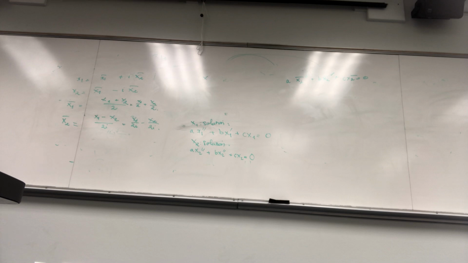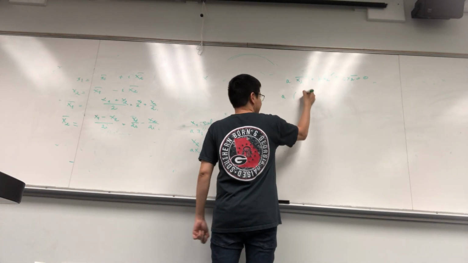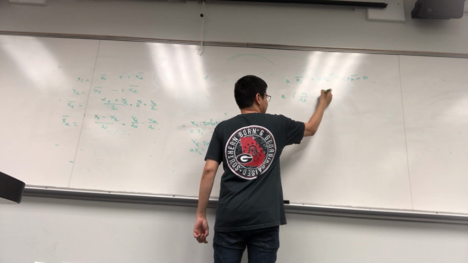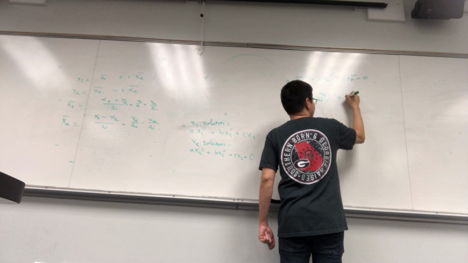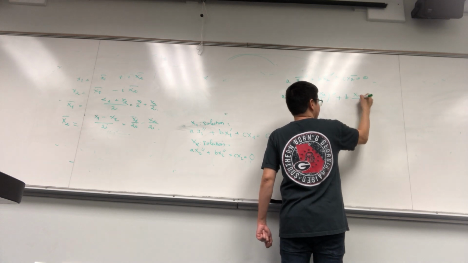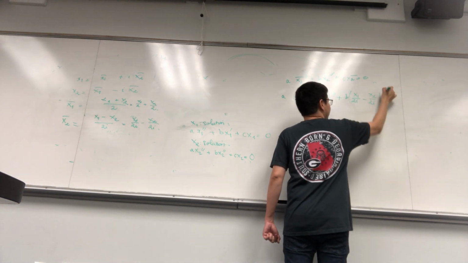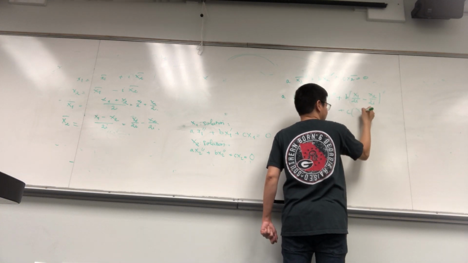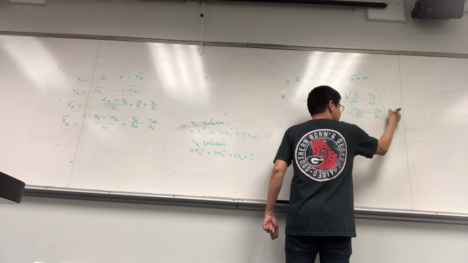So you have a x1 over 2i minus x2 over 2i second plus b x1 over 2i minus x2 over 2i prime plus c x1 over 2i minus x2 over 2i is also 0.